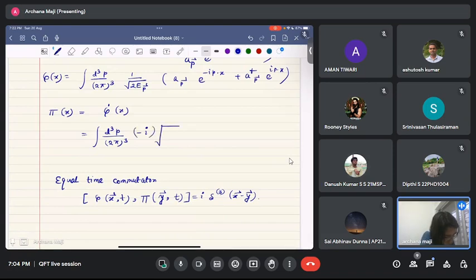Minus i square root of E_p over 2, minus a dagger p, i p dot x.